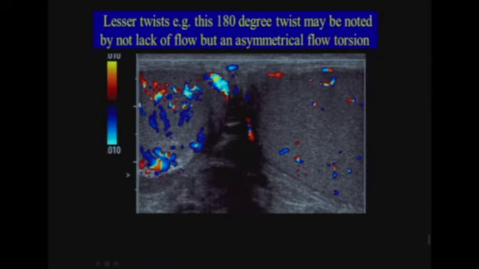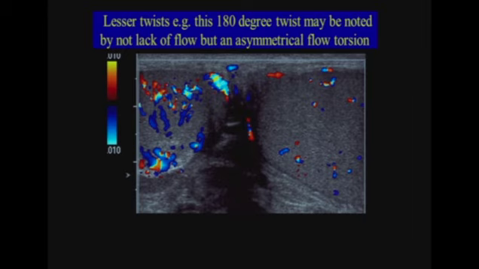Lesser twists, for example this 180-degree twist, which was noted in surgery, may be seen not by a lack of flow, but by an asymmetric flow pattern. And in such a case, one would have to know which is the testicle that hurts. Because let's say you have increased flow on one side compared to the other. If the painful side is the one with the greater amount of flow, it might be an orchitis and not an intermittent torsion.